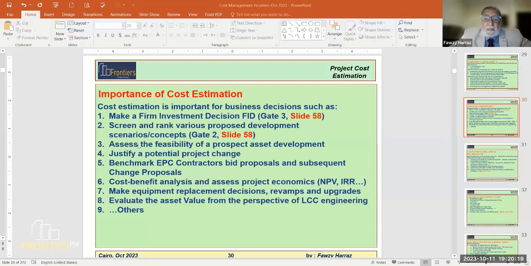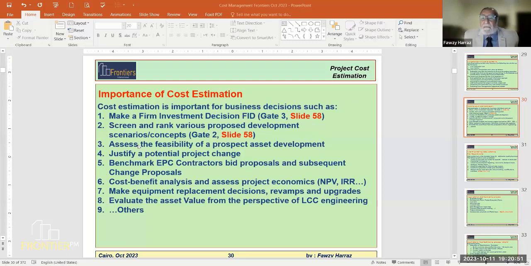Screen and rank various proposed development scenarios or concepts. We mentioned before Gate 3 that Gate 2, the previous stage, is concept development. In developing any facility, we have some options, 3 or 4 options. For example, for the hotel, one of the options is the location, the number of rooms, and supplementary facilities.